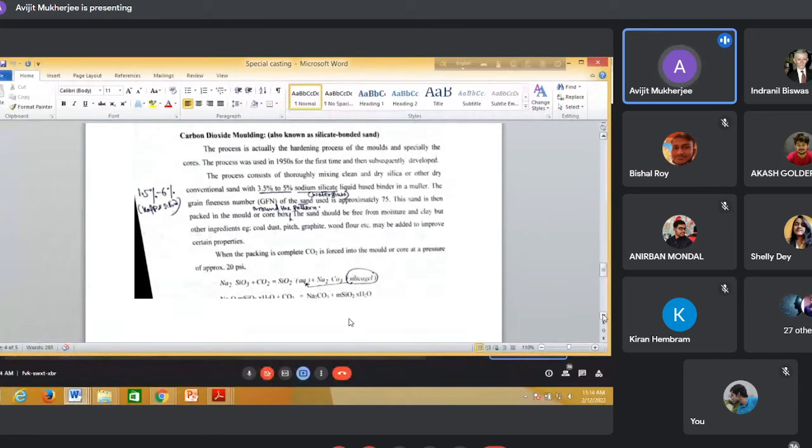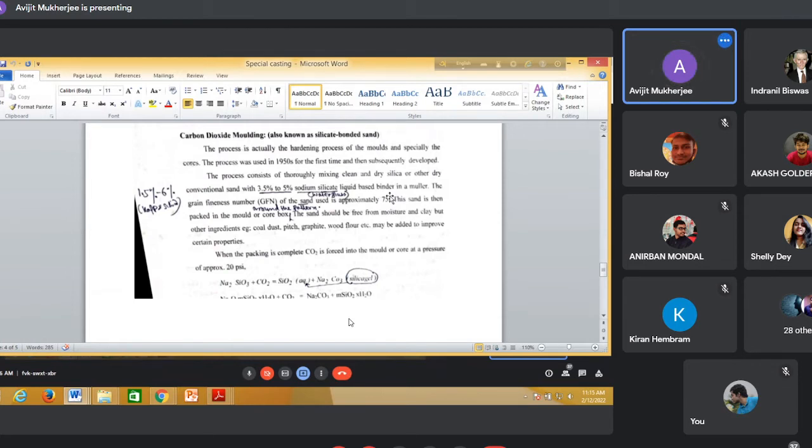This sand is mixed with approximately 3.5 to 5%, though in another source, Kalpakjian and Schmid, they refer to 1.5 to 6% of sodium silicate. So let us accept this value, 1.5 to 6% sodium silicate. It is a liquid based binder, a very special type of binder, so you must remember this.